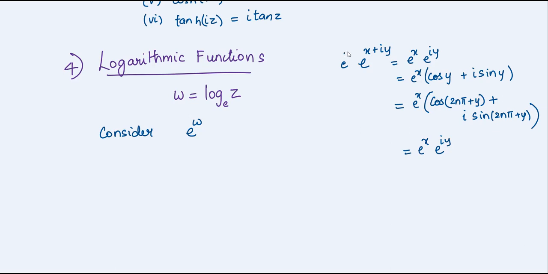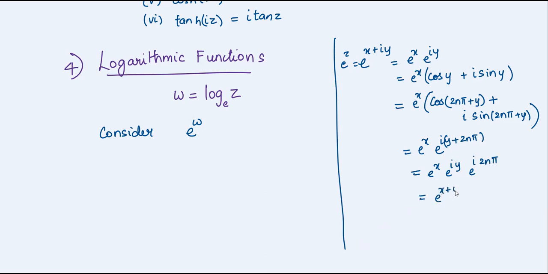So let's say this is e power z. So this is e power i into y plus 2n pi. So this becomes e power x into e power iy into e power i 2n pi. So this is e power x plus iy into e power i 2n pi. This is a rough calculation.